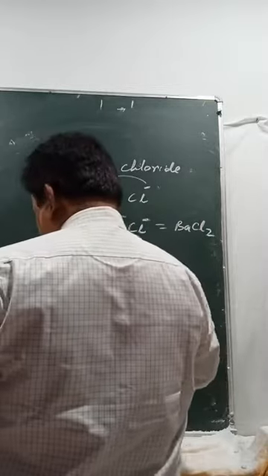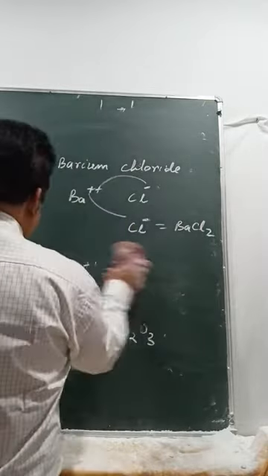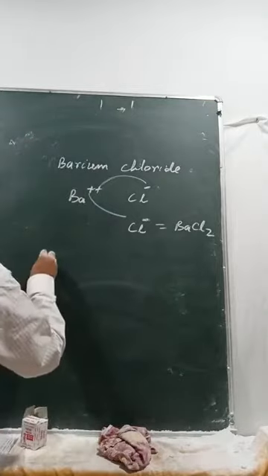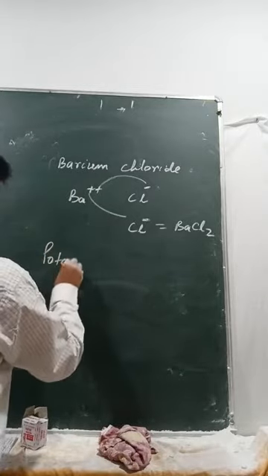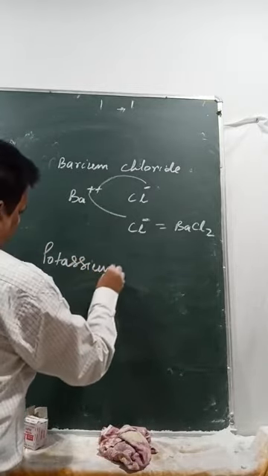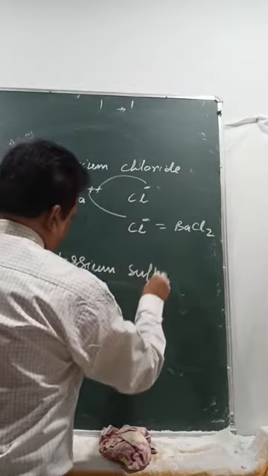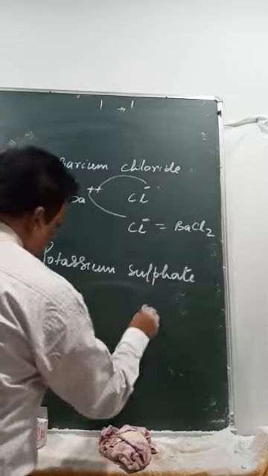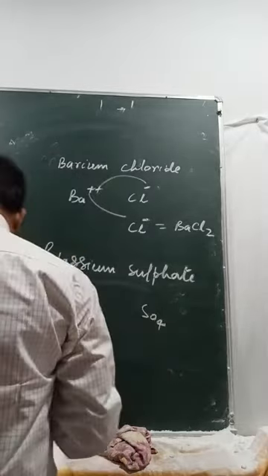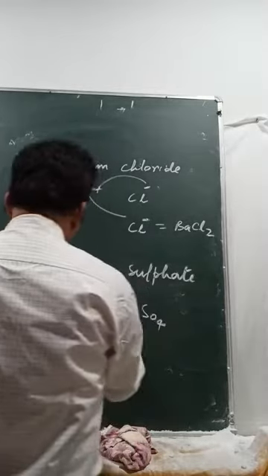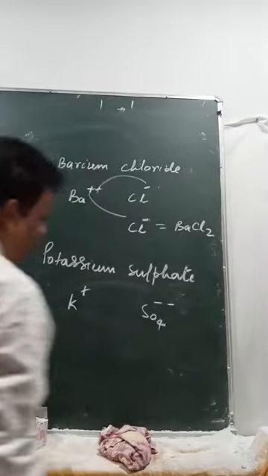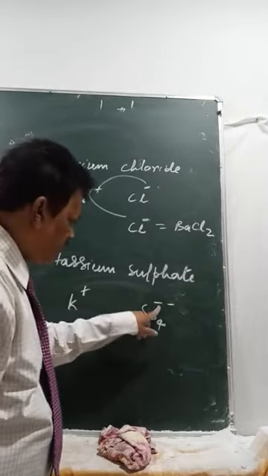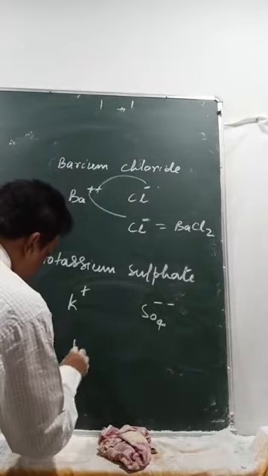Similarly, if I write potassium sulfate, potassium is K, sulfate SO4. Potassium valency is what? 1, it is 2. So 1 is neutralizing 1, that means you need 1 more potassium.